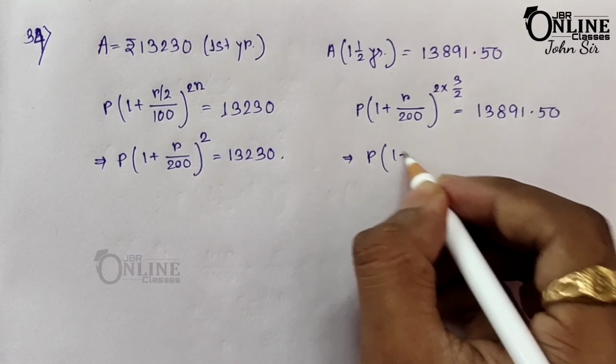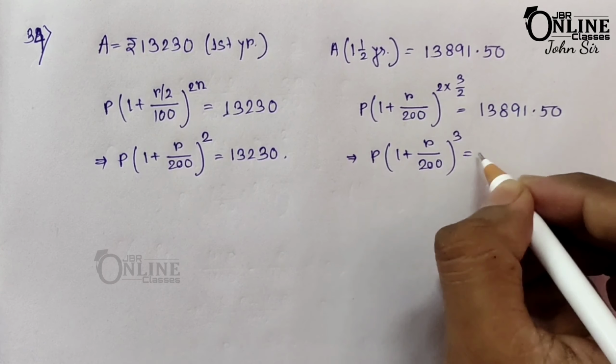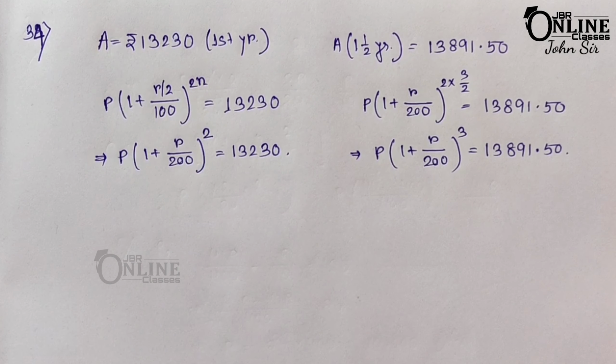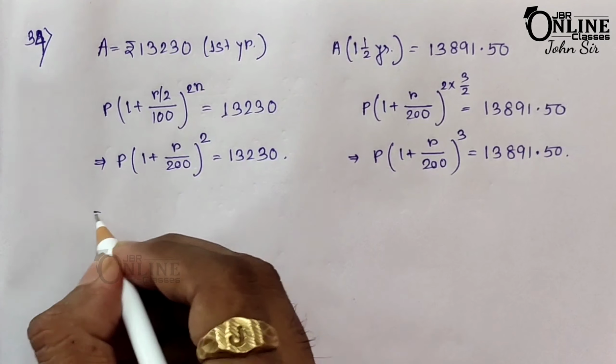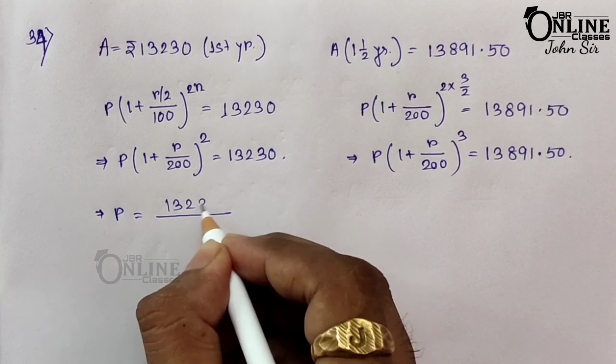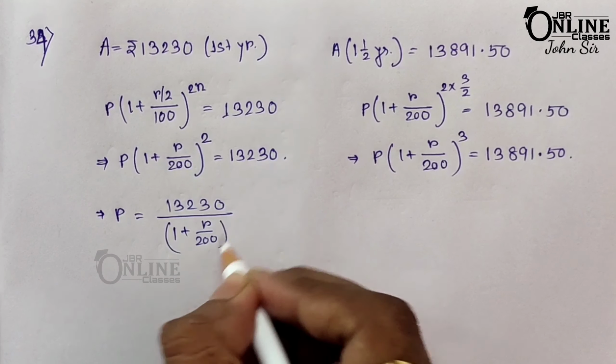So it becomes P into (1 plus R by 200) whole to the power 3, that equals 1389150. So from the first one, if you find the value of P, it will be 13230 divided by (1 plus R by 200) whole square.